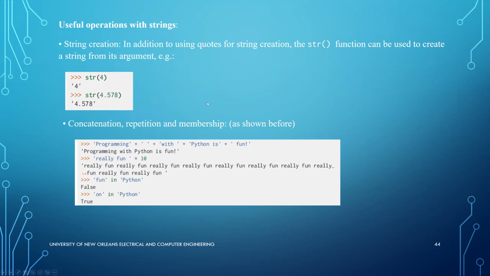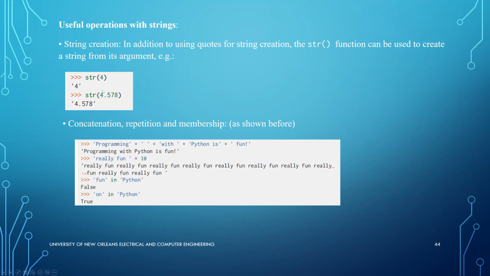Okay, some other useful operations with strings. String creation, for example. In addition to using quotes for string creation, the str function can be used to create a string from its argument. For example, in this case, the argument is 4, and this basically makes that 4 into a string, right?